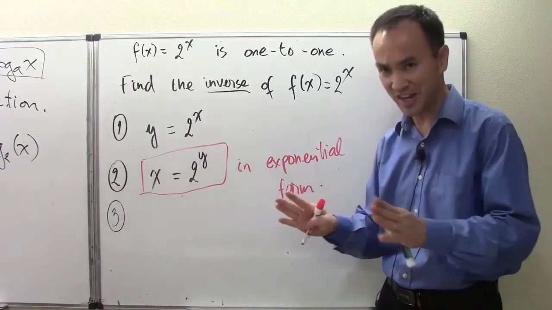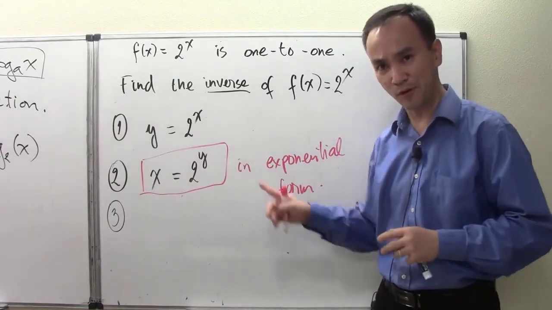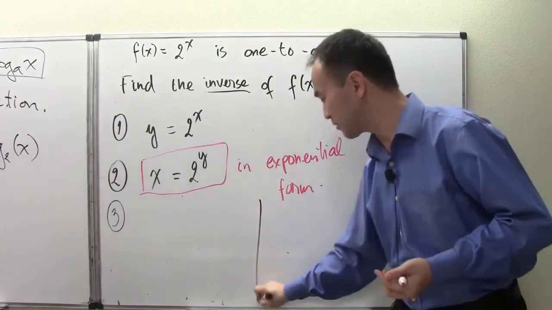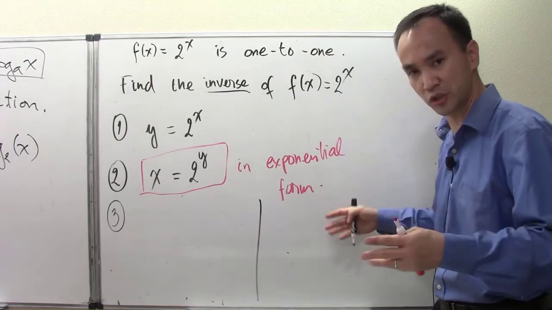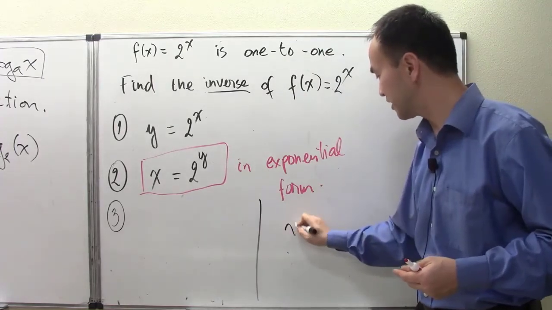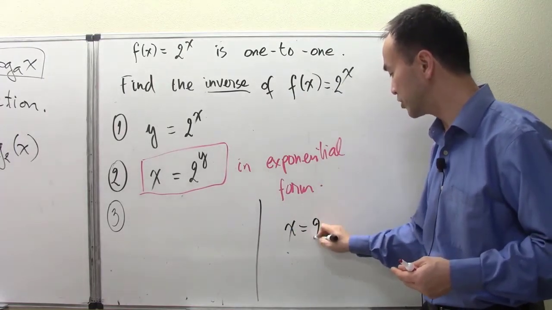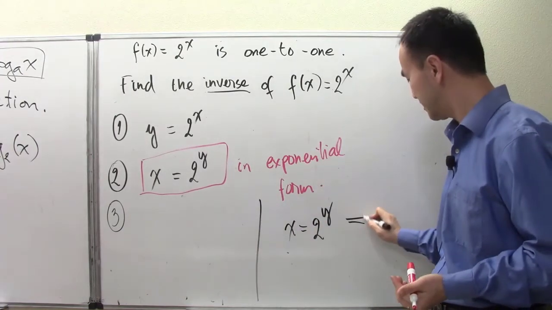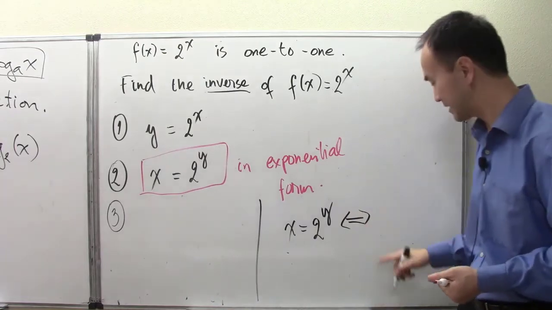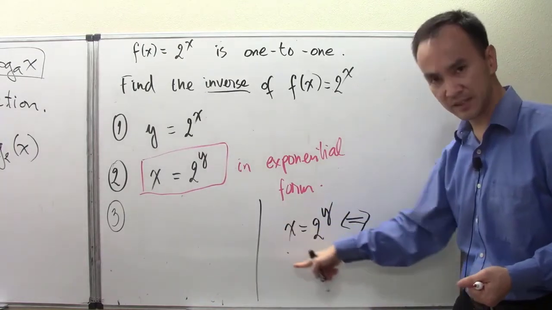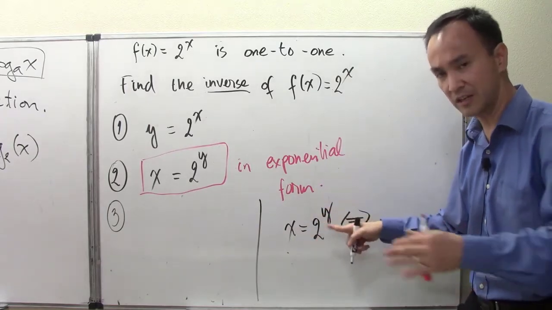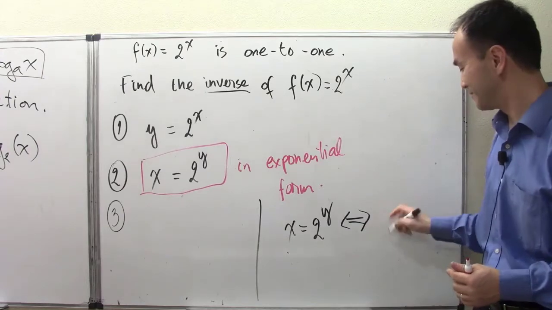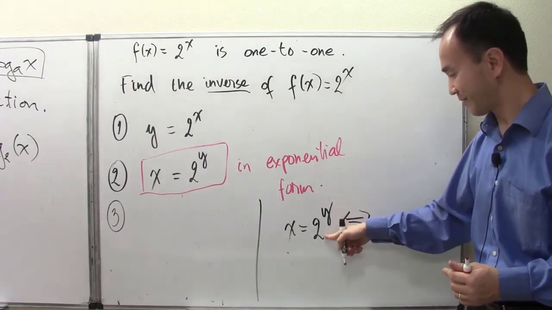So allow me to remind you in a separate space as scratch work. Think about the current equation, x equals 2 to the y. This is an equation in exponential form. We have learned previously that if we rewrite this exact equation in logarithmic form, it's going to appear as follows. This is the power, this is the base.